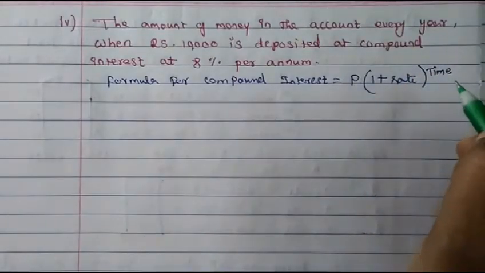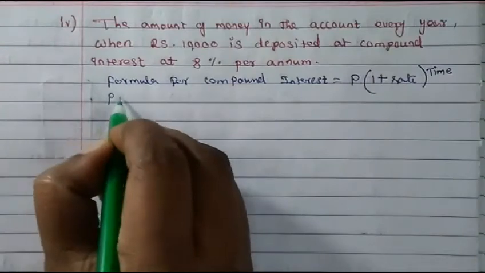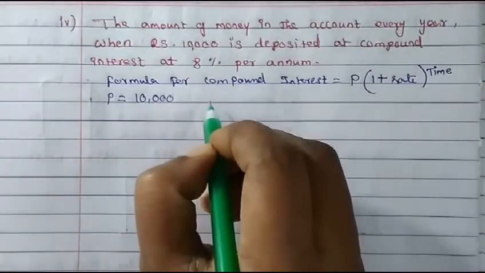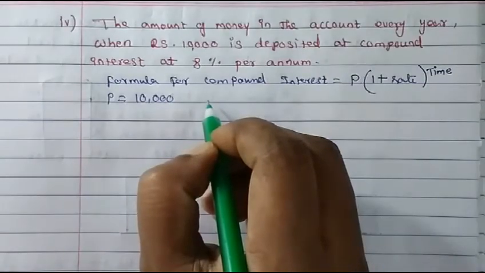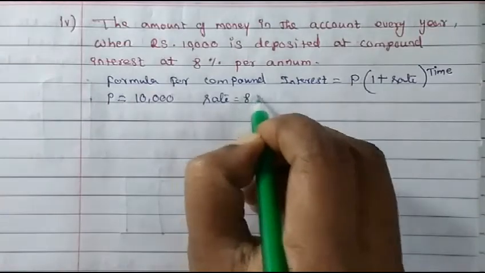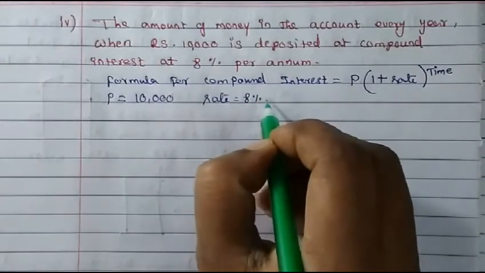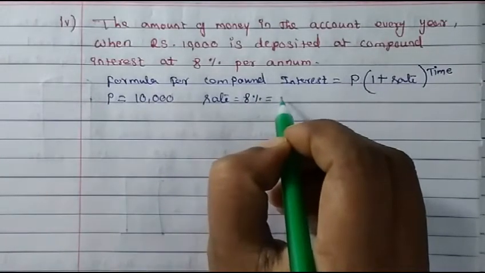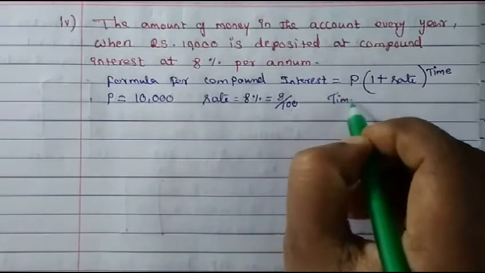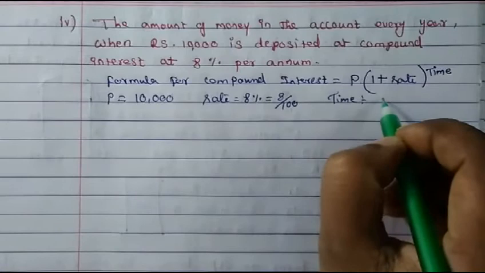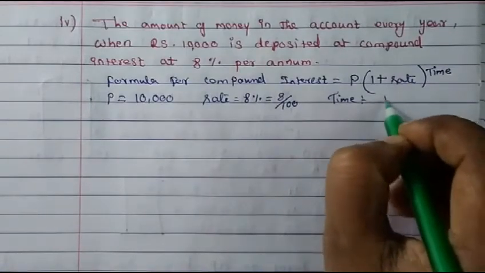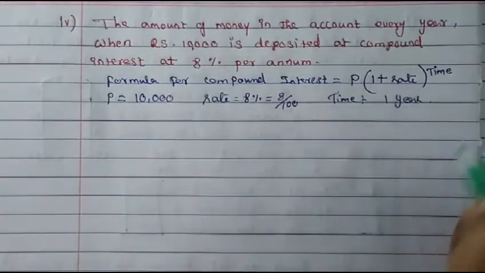Here the principal amount is 10,000, and the rate is 8%, which can also be written as 8 upon 100. And the time is every year, that means 1 year. So time is 1 year.